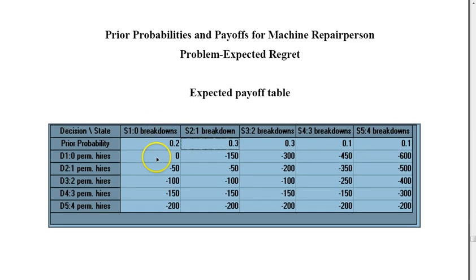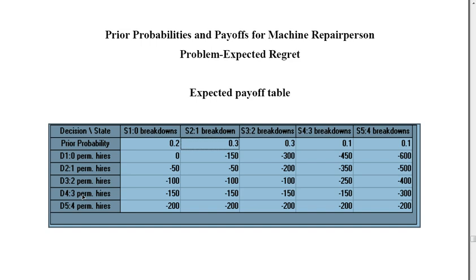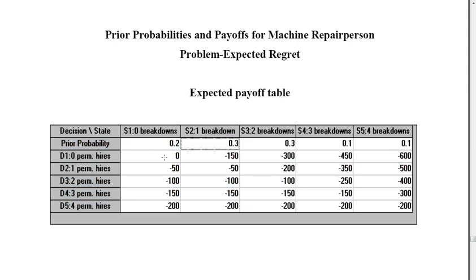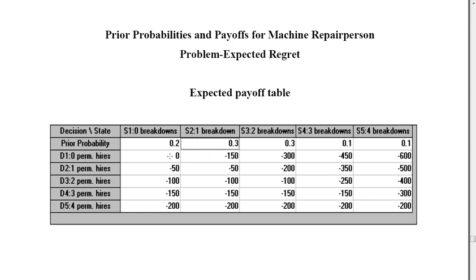I have them here. And now my decisions can be 0 hires, 1 hire, 2 permanent hires, 3 permanent hires, or 4 permanent hires. And now let's look, how do we get the payoffs? So let's look at 0. If I have 0 permanent hires and 0 machine fails, that's going to be no cost.